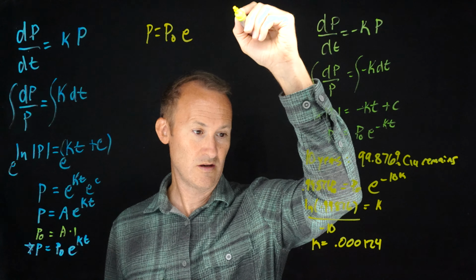And so somebody would have to come in and look at what those kids found, look at the charcoal that remains, and figure out how much C14 is left. Okay?